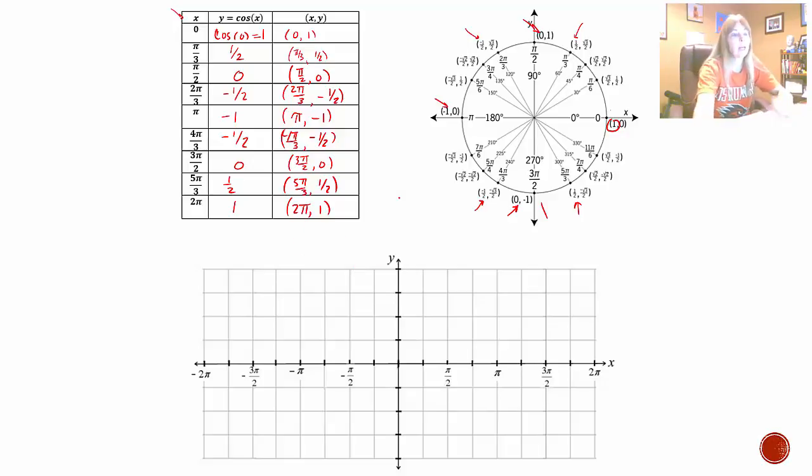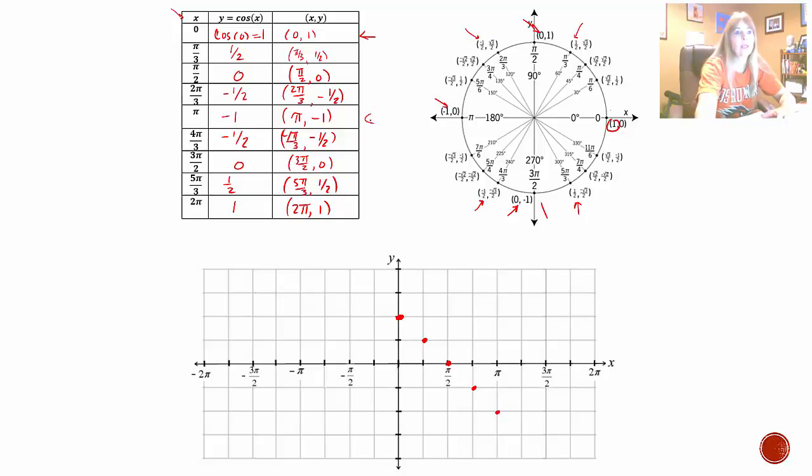So once again, I can come down and I can plot these. Now notice this one starts up at 0, 1. Then at pi over 3, it comes down to 1/2. And then at pi over 2, it hits 0. Then it goes to negative 1/2, negative 1.